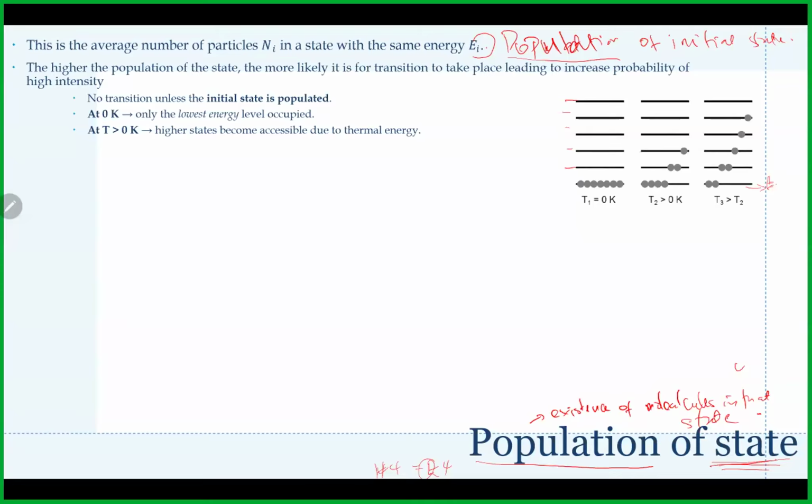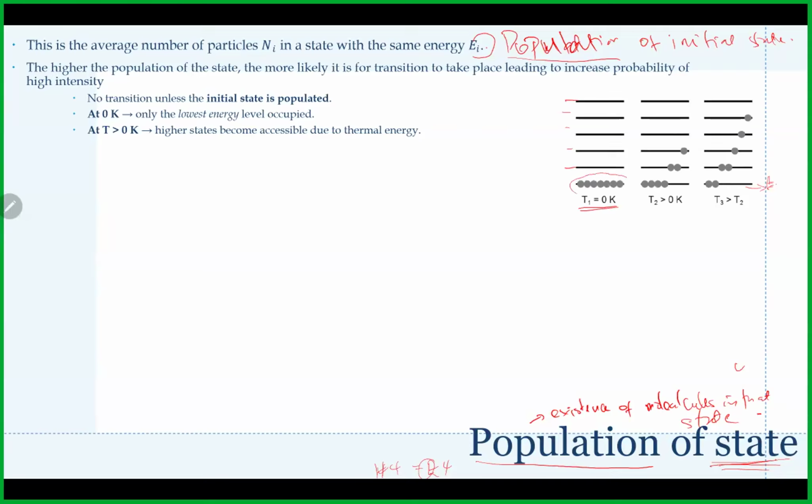So once a state is populated, there's a likelihood that there will be a transition from that state. And the more the state is populated, the more likely it is for a transition to take place from that initial state. So by default, at 0 Kelvin, that's absolute zero, the lowest imaginable temperature for molecules, every atom is in the ground state.